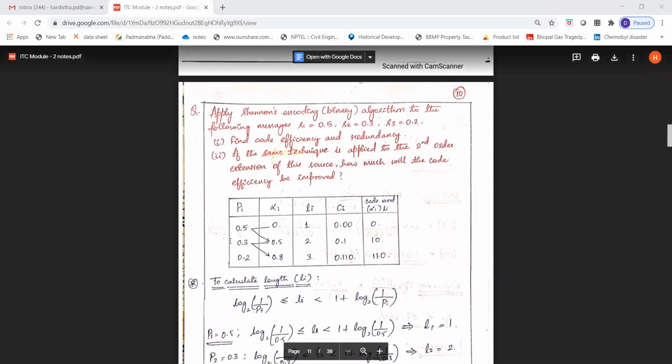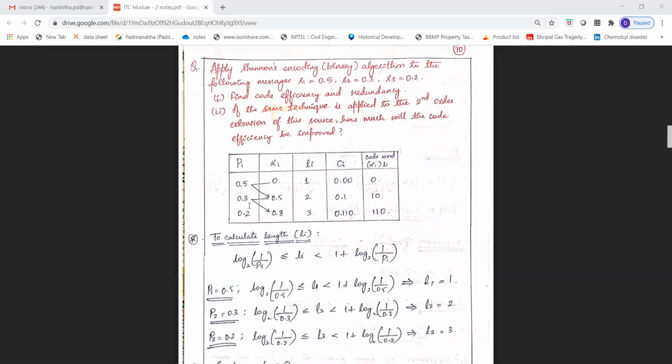Now I'll be substituting all three values of probabilities, 0.5, 0.3 and 0.2. First let me substitute the probability 0.5. So it becomes log of 1 by 0.5 to base 2 less than or equal to L1 less than 1 plus log of 1 by 0.5 to base 2.